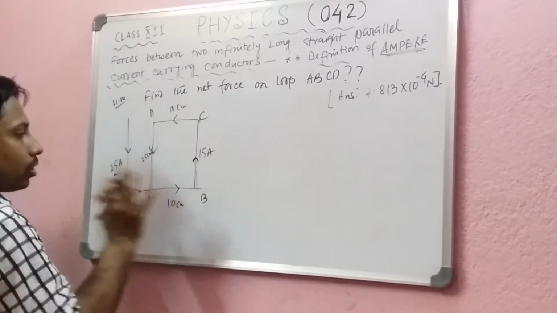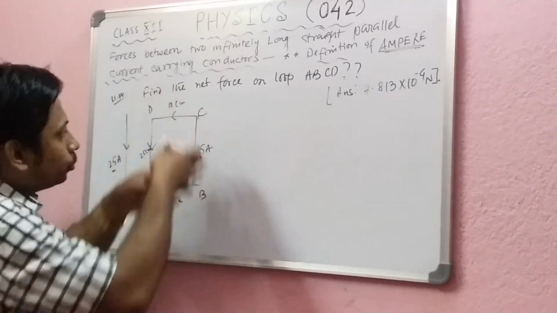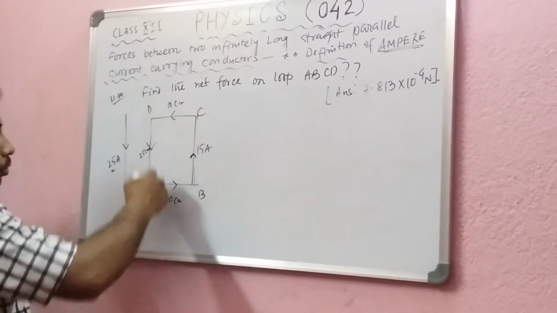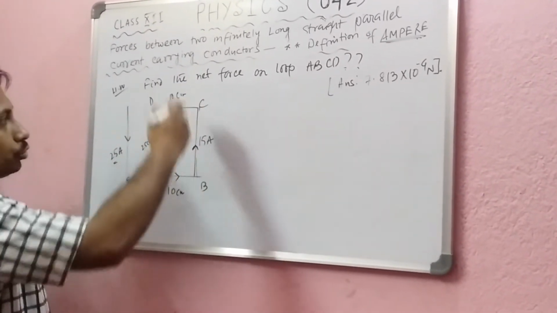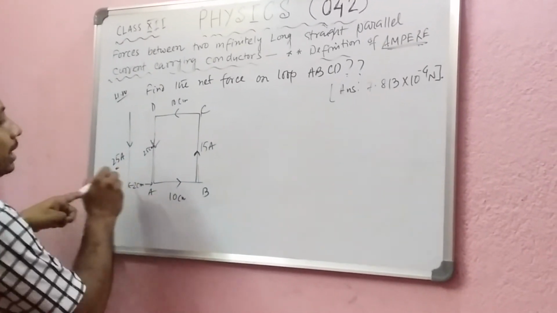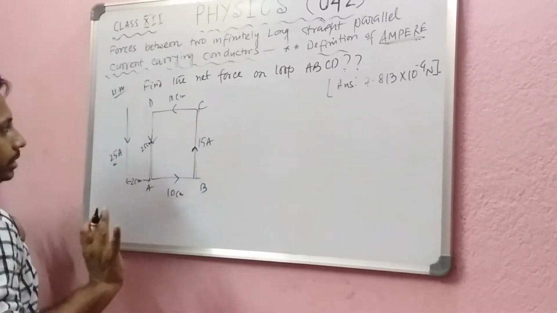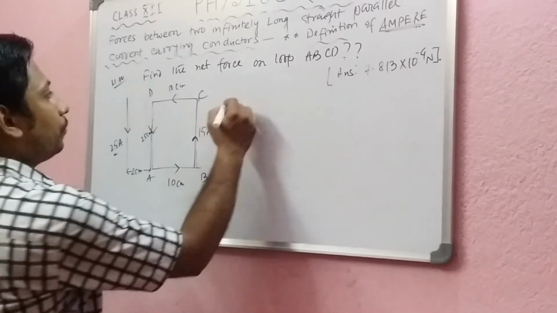So you have to only find the force due to AD and due to BC. In DC and AB, the magnetic field is along the line of the wire, that's why we can ignore it.